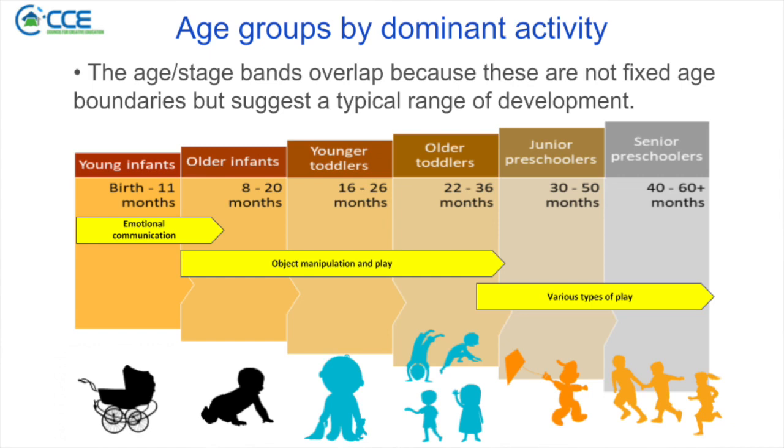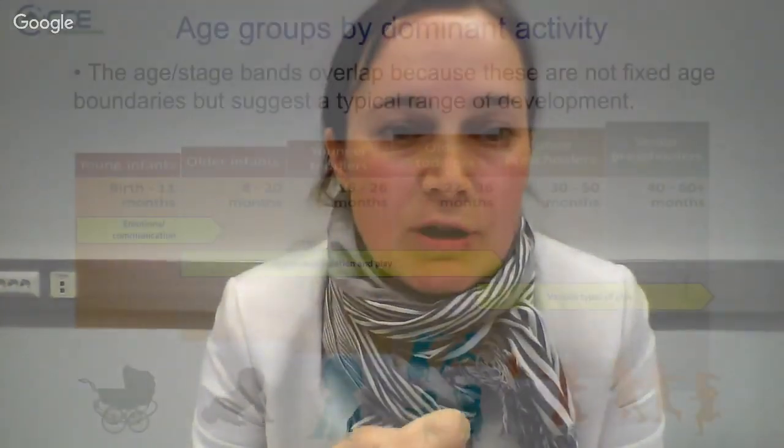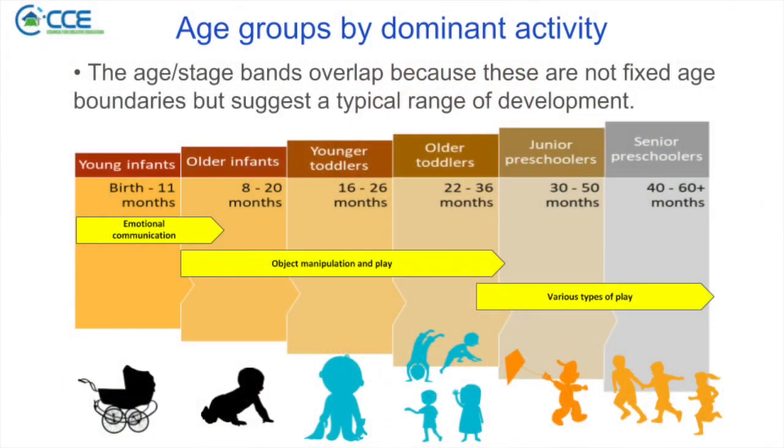It is just a suggestive split by age, but we have to understand that stages of the development and ages of the development, they overlap. So this is just like a sort of a guiding framework for people who work in early childhood education.